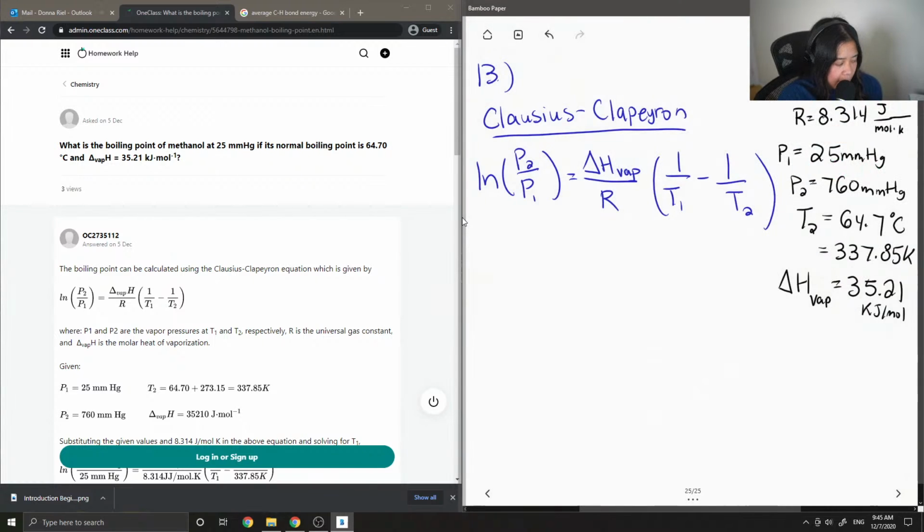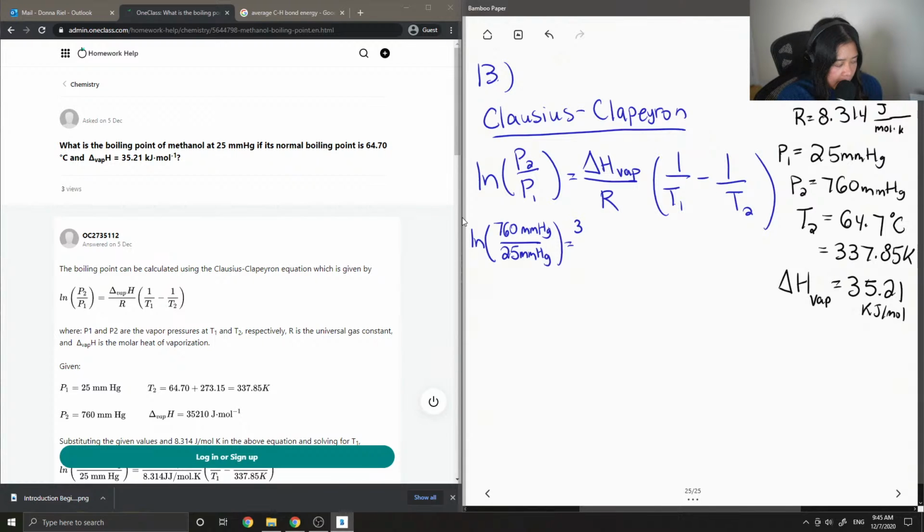Okay, so let's plug in all the values. Ln 760 divided by 25. And then I'm going to convert the delta H to joules, just because our R value is in joules as well.